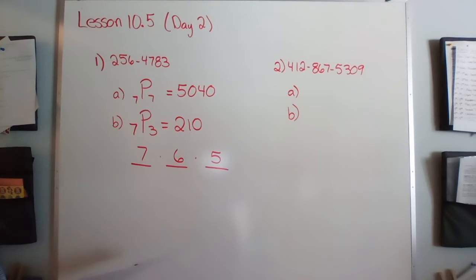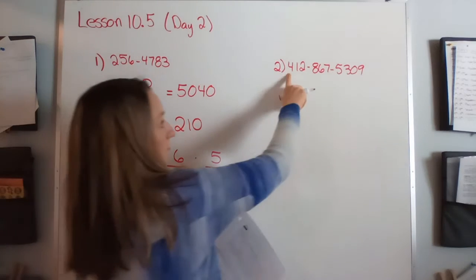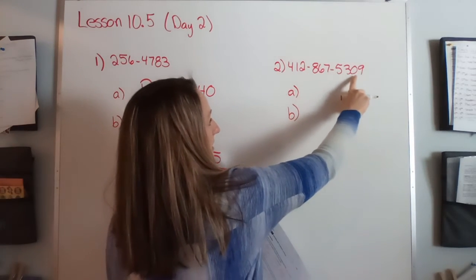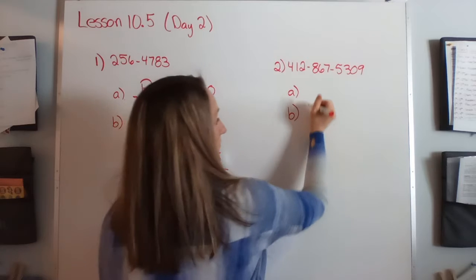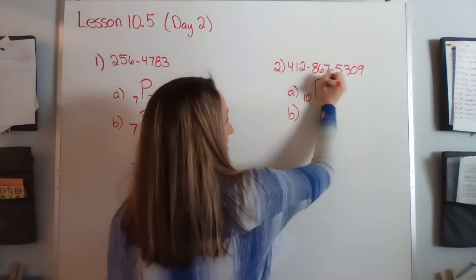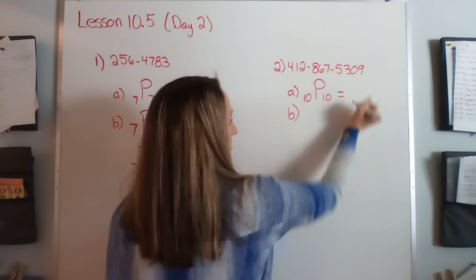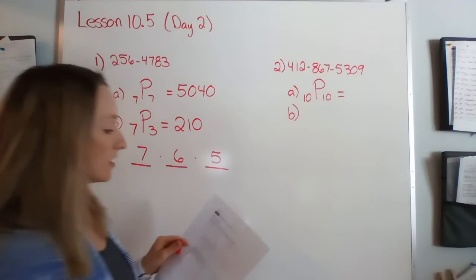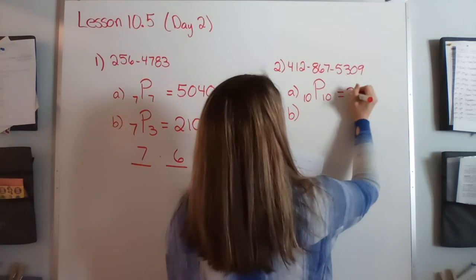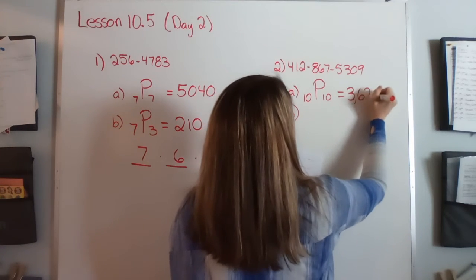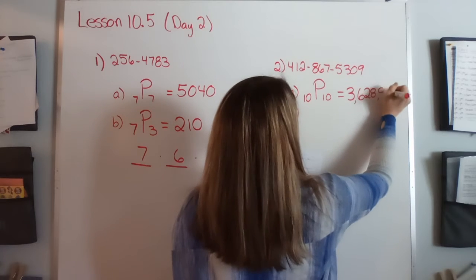Next problem, same idea, but we have a different number of digits in the telephone number. 1, 2, 3, 4, 5, 6, 7, 8, 9, 10 digits. So first it's 10 objects taken 10 at a time. You plug that into your calculator, and you get 3,628,800.